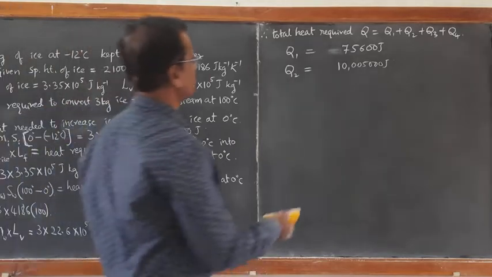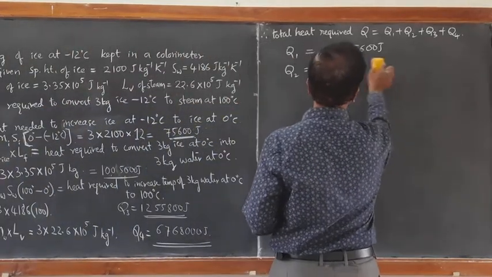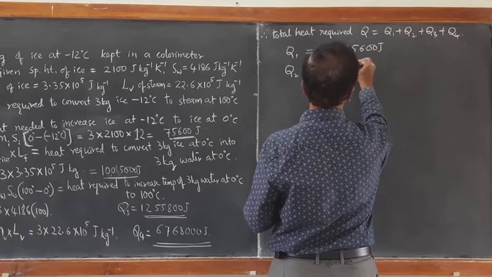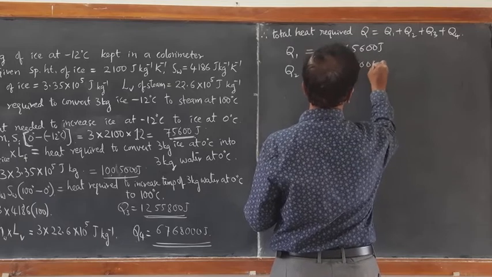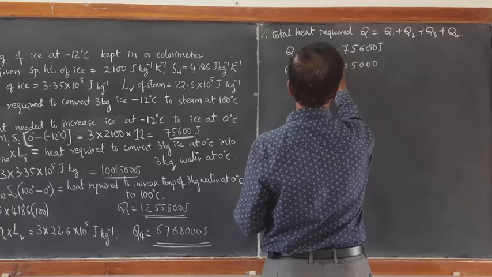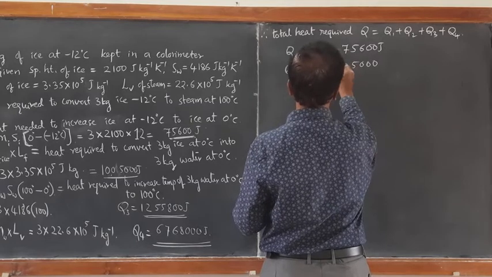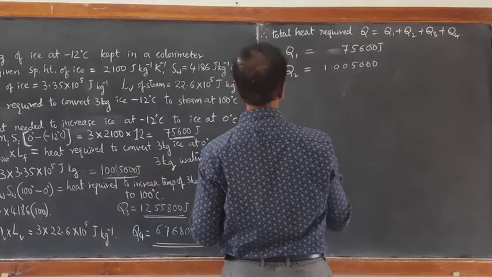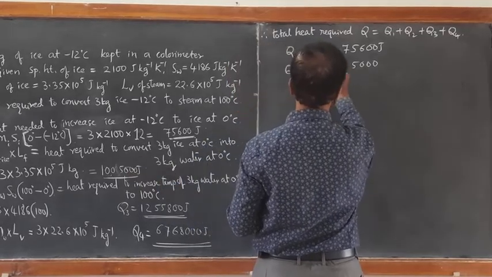So you can write stepwise. It becomes 10 lakh 5,000 joules.